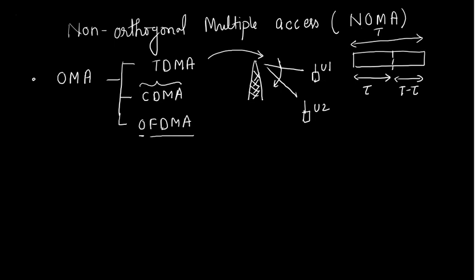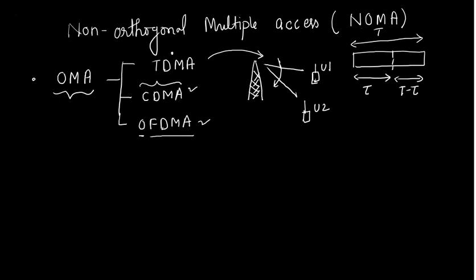In frequency division multiple access, the two users are served in different frequency slots. So these are the three orthogonal schemes. In short, in TDMA user 1 and user 2 are served in two orthogonal time slots, in CDMA two orthogonal codes, and in OFDMA two orthogonal frequency slots or frequencies.